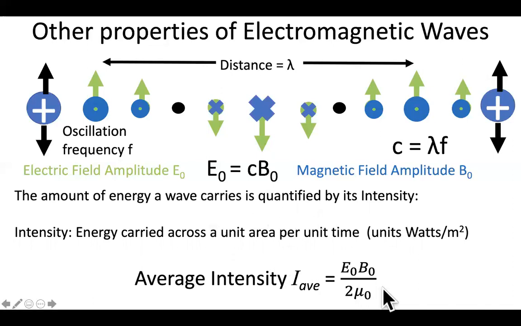Now, this is one way to write it. You can use this rule, E naught equals c B naught, to rewrite this as just a function of the electric field magnitude or the magnetic field magnitude, whichever one you're given. And we'll see a couple of problems that show you how to use this formula. But it means if you know how much energy is being transported, you can figure out what the electric field strength is.